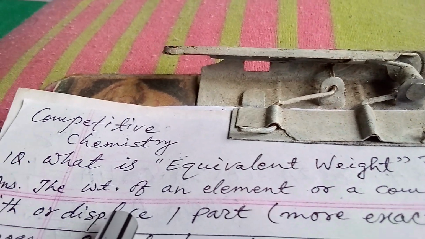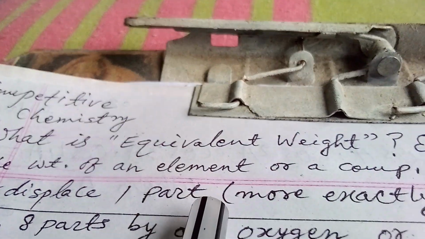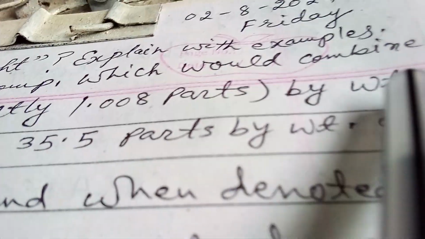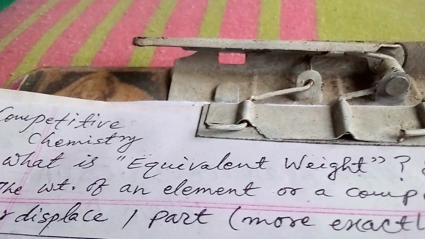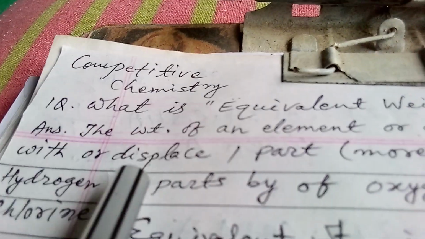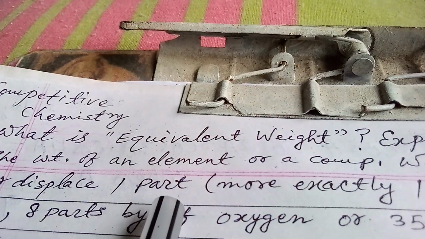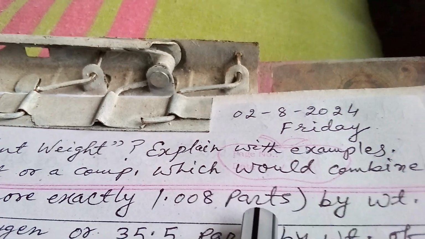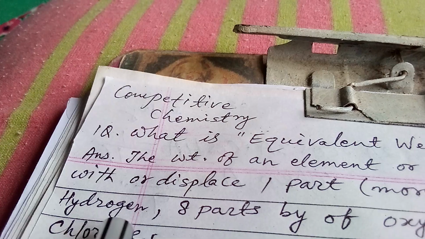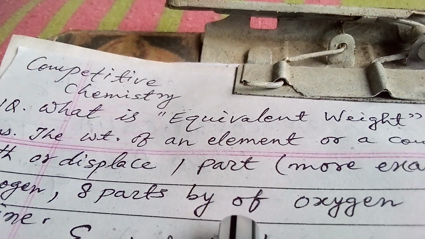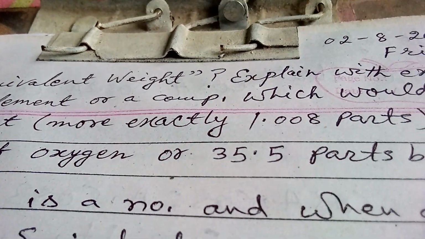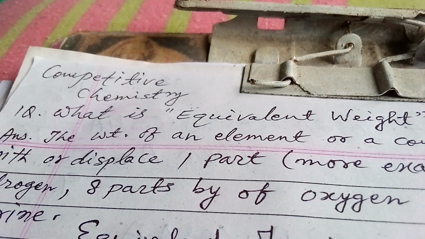Answer: the weight of an element or a compound which would combine with or displace one part, more exactly 1.008 parts by weight of hydrogen, 8 parts by weight of oxygen, or 35.5 parts by weight of chlorine.